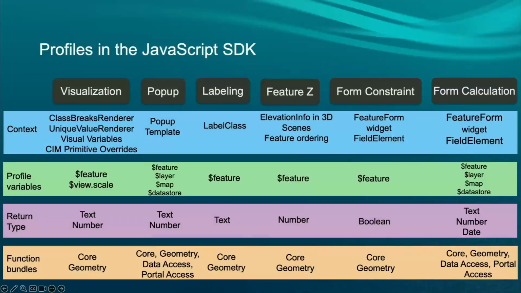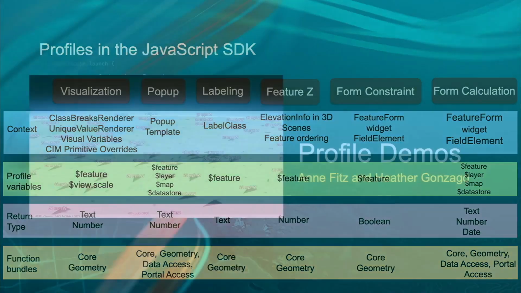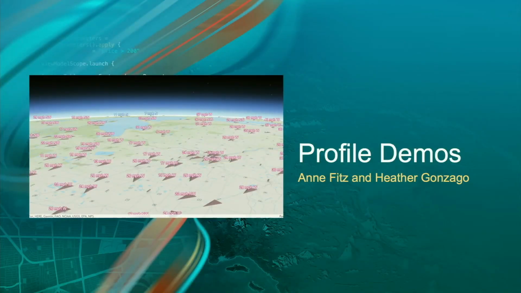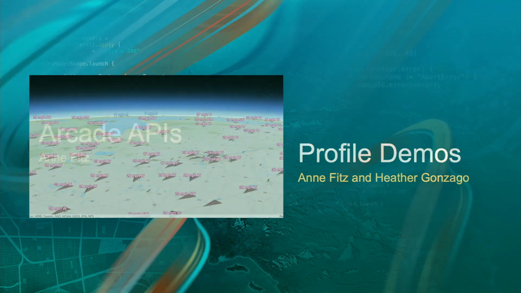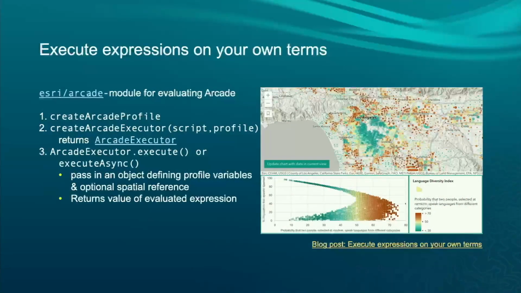Okay, so switching back over, if I can get to my right slides, to the slides. Yeah, so that was just a few profile demos. I know we only have like 10 minutes left and I still have a lot of content to cover, but we did introduce Arcade APIs recently to allow you to execute Arcade on your own terms.